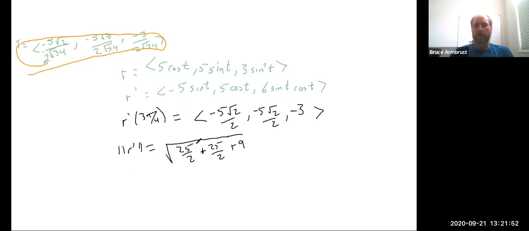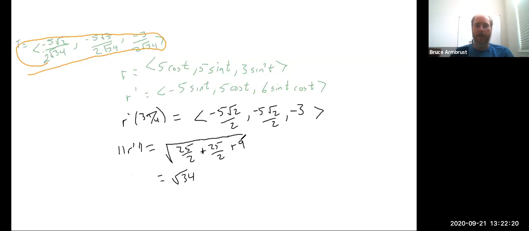So let's see, 50 halves is 25, plus 9 is 34. Hey, check it out. The magnitude of r prime is 34 at this point. I've erased it, it was down over here, but you can still see its remnants up above. And so there was its square root of 34.